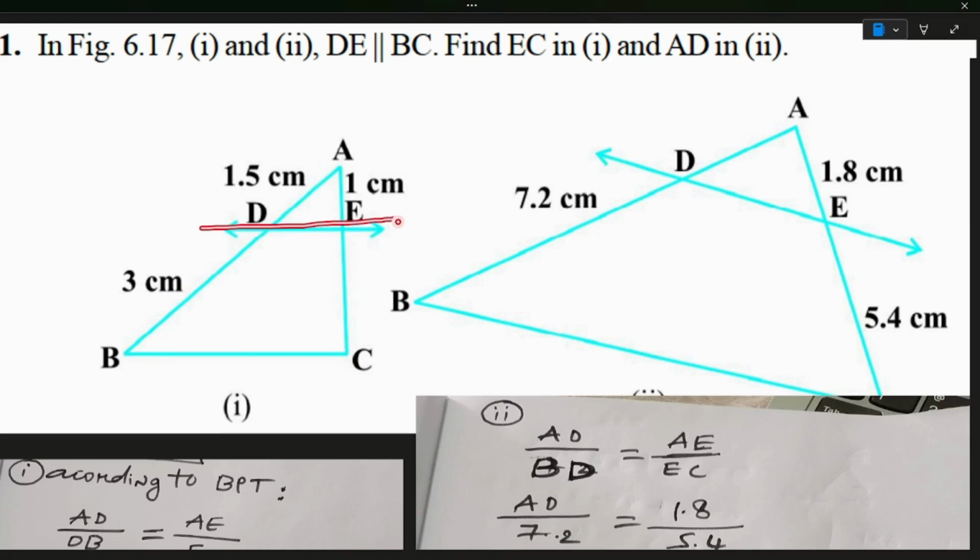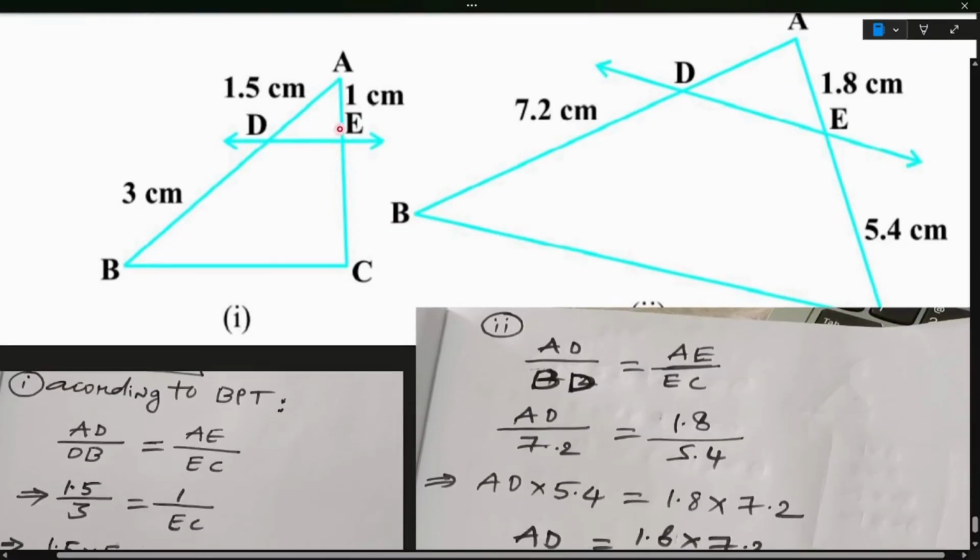In this figure, line DE, parallel to BC, cuts line AB and line AC at points D and E. According to theorem 6.1, AD by DB equals AE by EC.